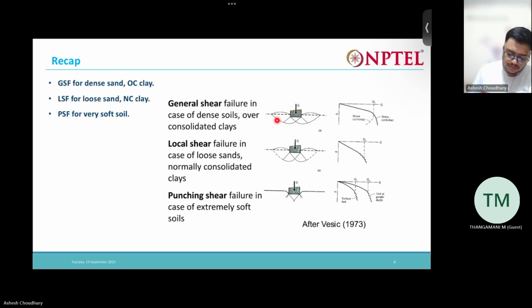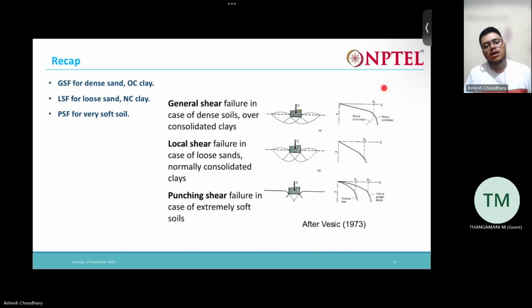If we plot the load versus settlement curve, we will get something like this. The general shear failure generally occurs for dense sand or overconsolidated clays. So for granular soils, generally for phi greater than 36 degrees, we have general shear failure.